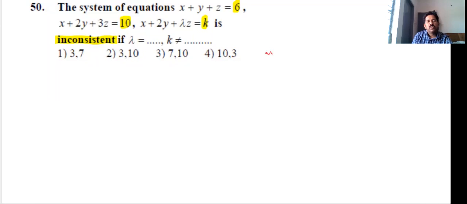These are non-homogeneous equations. Here they are given as inconsistent. Inconsistent means no solution. When is it possible? When rank of A is not equal to rank of AD. If both the ranks are not equal, then we say that the system is inconsistent and has no solutions.